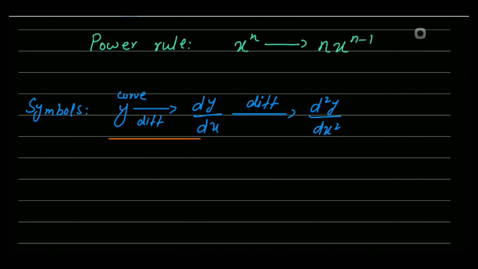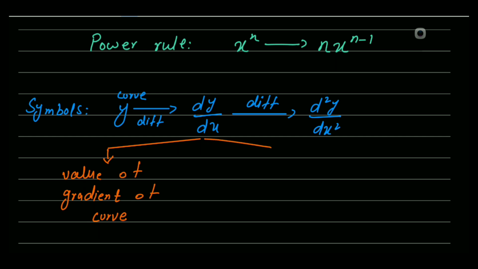What is actually dy over dx? dy over dx is the value of the gradient of the curve. And if we have to find stationary points, then dy over dx will be equal to 0.